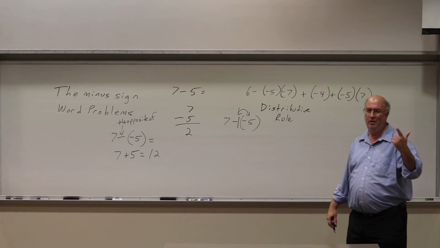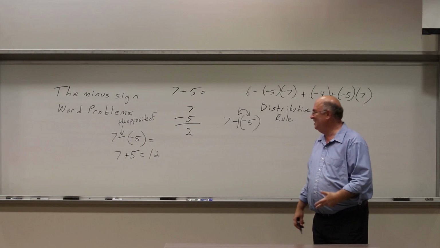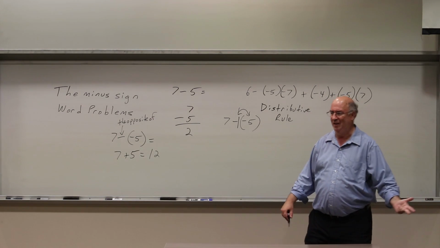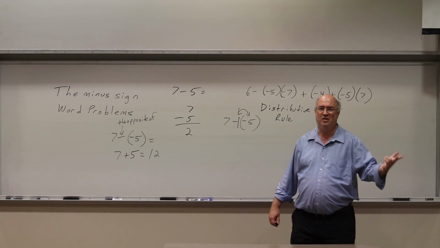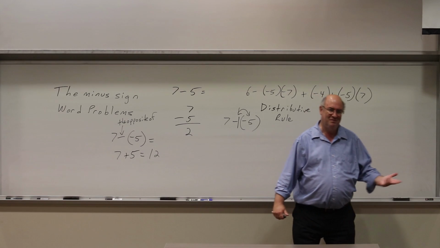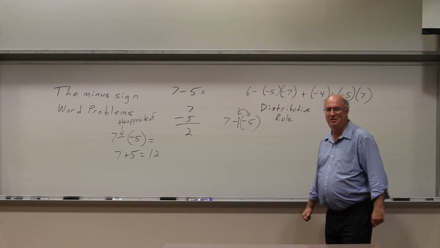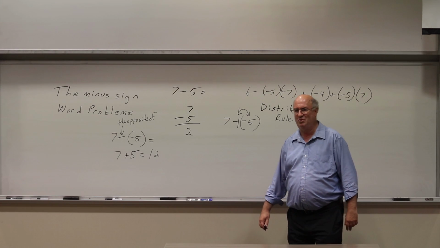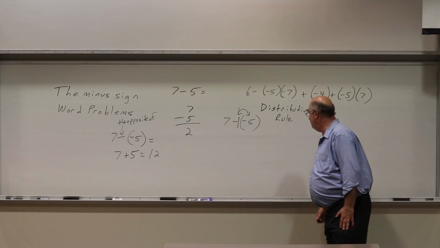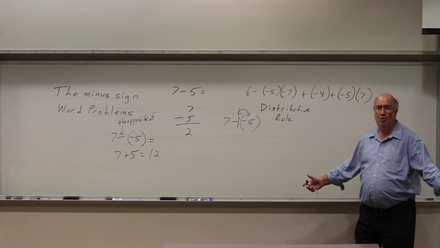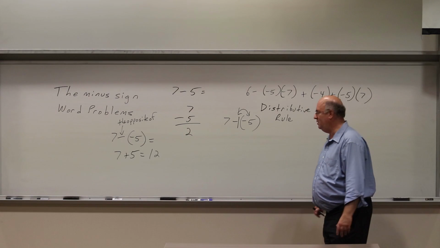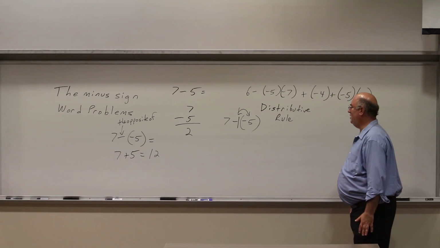Rules, theorems, laws, in math, it's all the same thing. It's something that's worked. Hopefully will continue to work. They've done these things billions and billions, trillions of times around the world, and they work. So they call them rules or theorems or laws. Okay, I like calling it distributive rule.